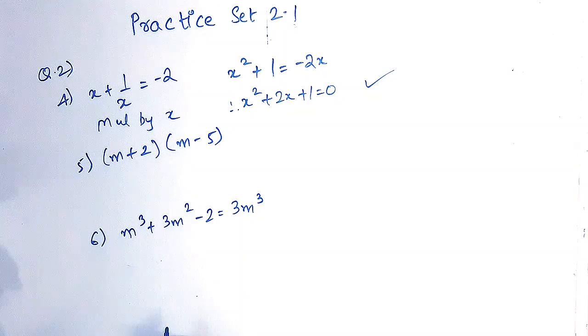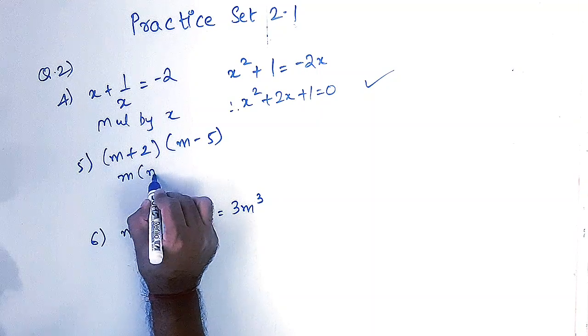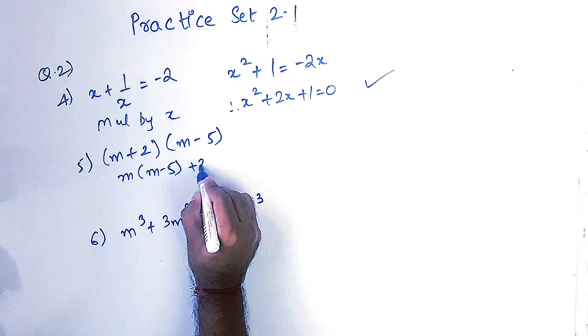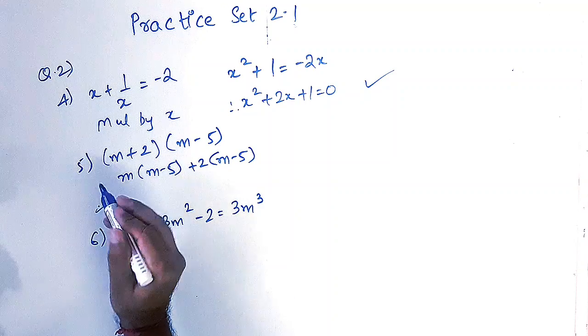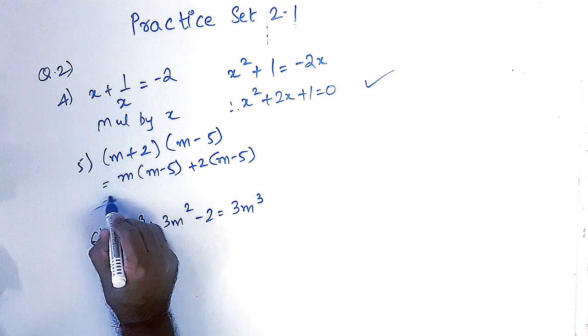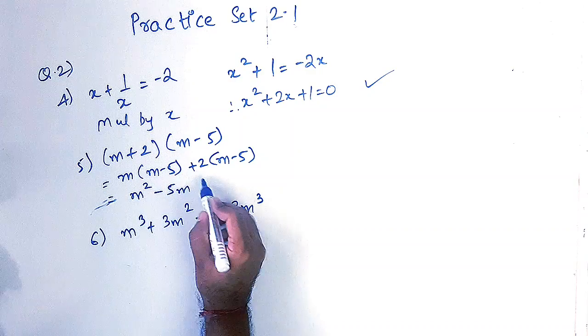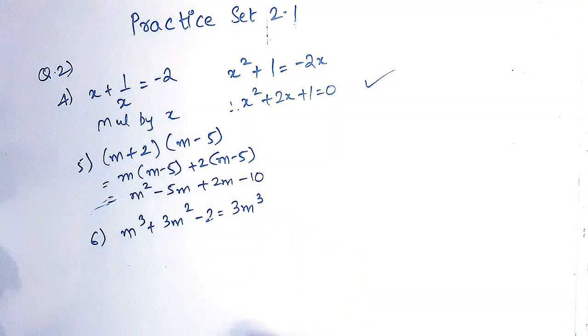Let us solve this to find out whether the fifth one is a quadratic equation or not. So m minus 5 into m plus 2. This will become m square minus 5m plus 2m minus 10.